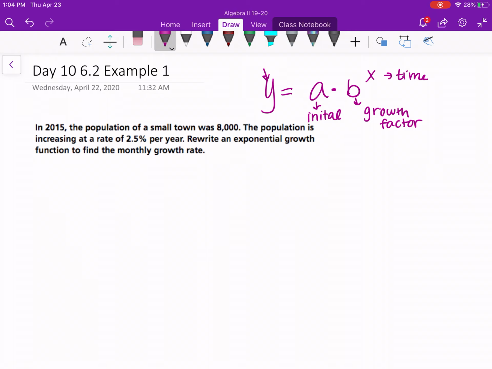We also know that Y is that final value. We know that we can break B down into 1 plus R if it's growth. We know that B can be 1 minus R if it's decay. And we know that R is going to be in a decimal, okay?